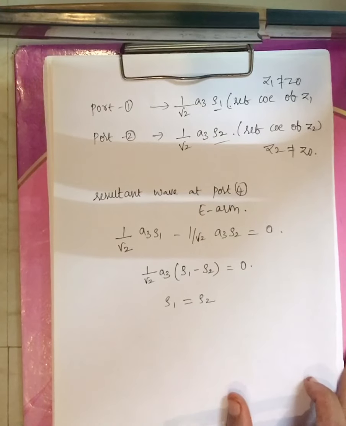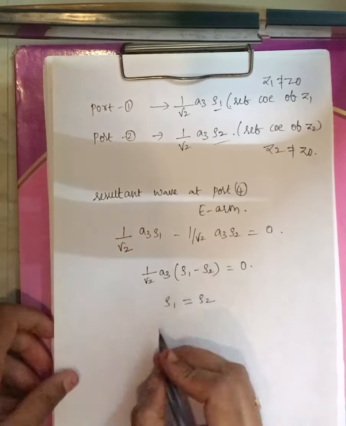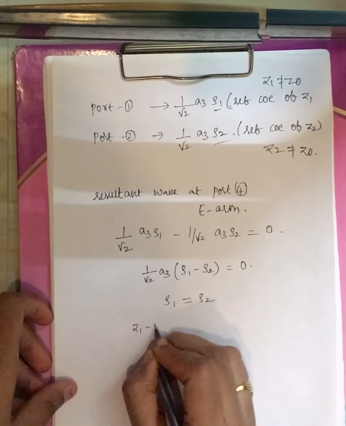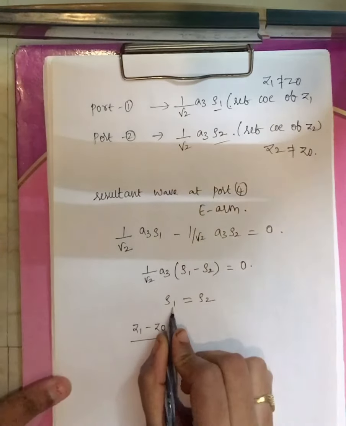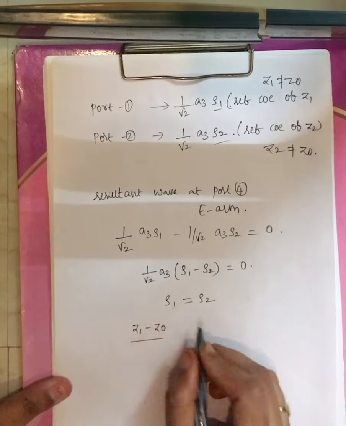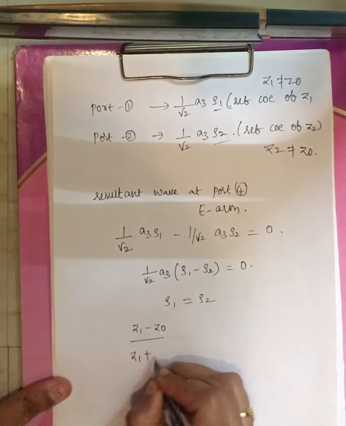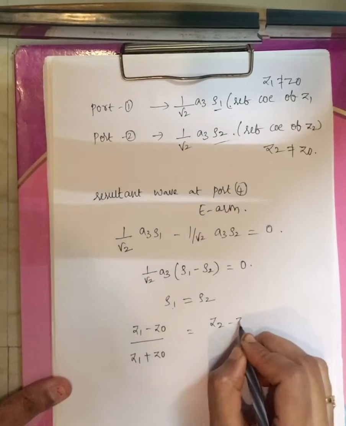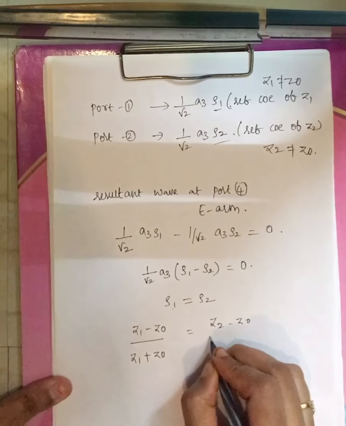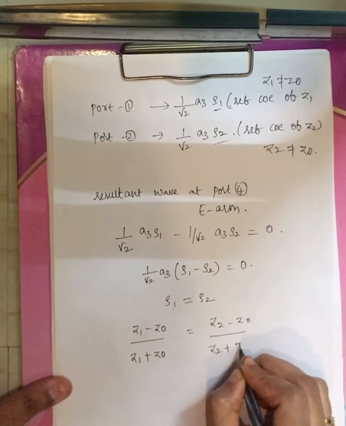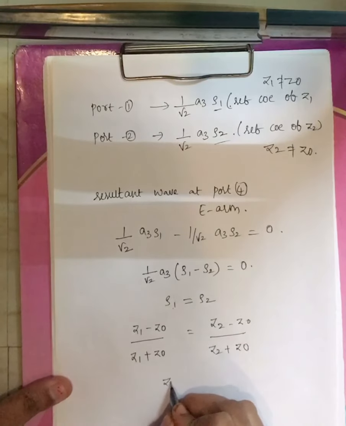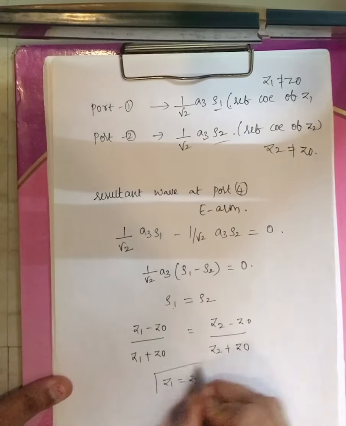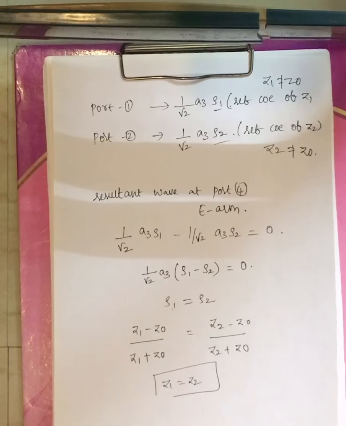Now if I substitute the values, what is rho? Reflection coefficient due to Z1 is Z1 minus Z0 divided by Z1 plus Z0. Now this is equal to Z2 minus Z0 divided by Z2 plus Z0. If you solve this, you will get Z1 equals Z2.